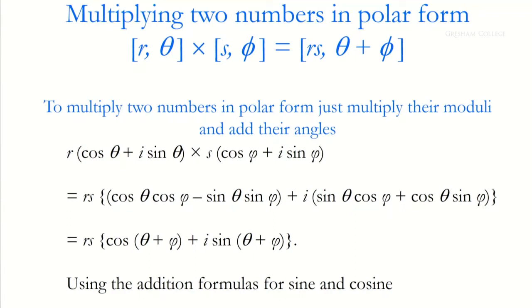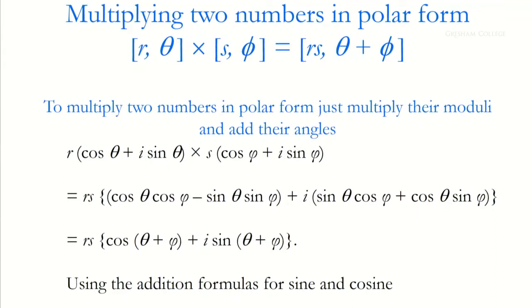The proof of it is just a matter of following it through, how one multiplies the two numbers together, gathering up the terms, and you see that the first term here, the real term, is cosine theta cosine phi minus sine theta sine phi, and then you dig back into your memory, and you recognize those as the addition formulas for the cosine and the sine.